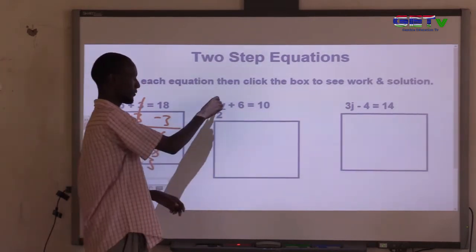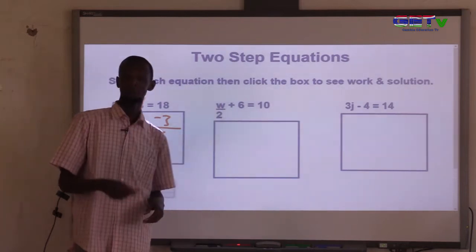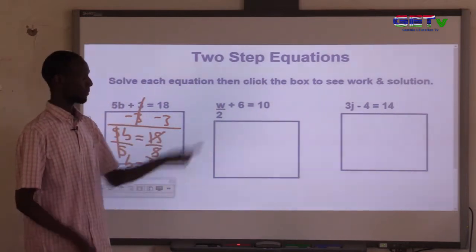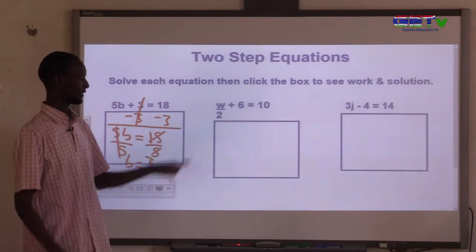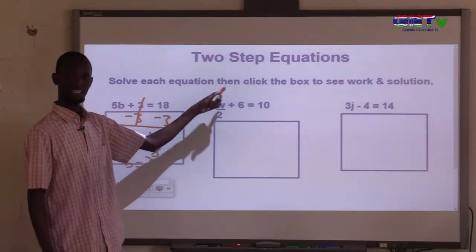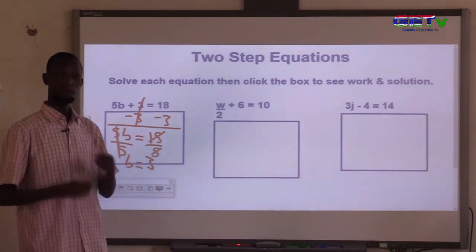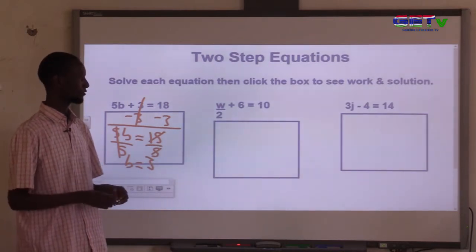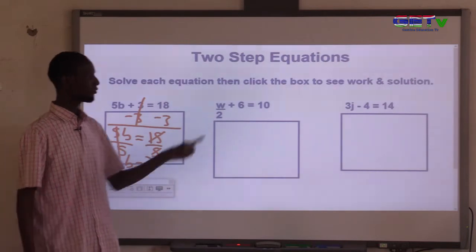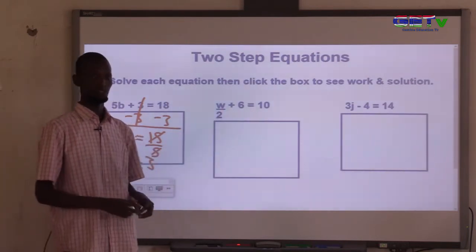We know w over 2 is the same as w divided by 2, plus 6. So you have a division and then an addition. But since we are going backwards through the order of operations, we need to undo the addition before the division.